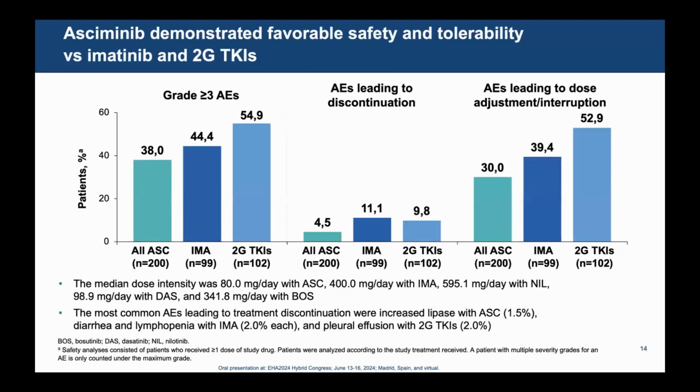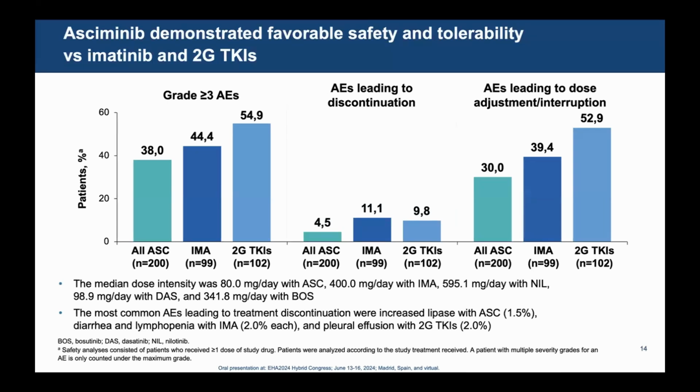When we now focus on the side effects, we see fewer grade 3 and 4 side effects with Asciminib. We see 4.5% of patients who discontinued treatment versus 11 and 9.8% with the other drugs.